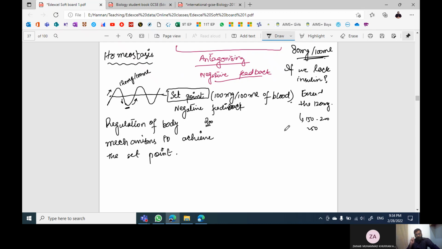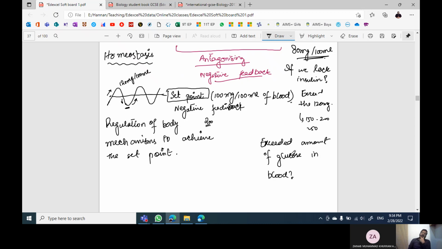I will tell you a bit more about diabetes, but first, what is diabetes? Diabetes is an exceeded amount of glucose in the blood. Now, I can guess what you are thinking.